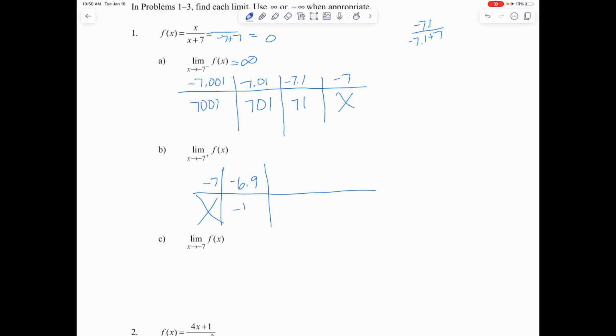So we get -69. We go a little farther, -6.99, -699. If we go one more, -6.999, -6,999. So we can see that side is going to -infinity.